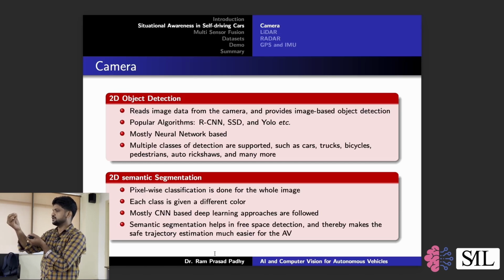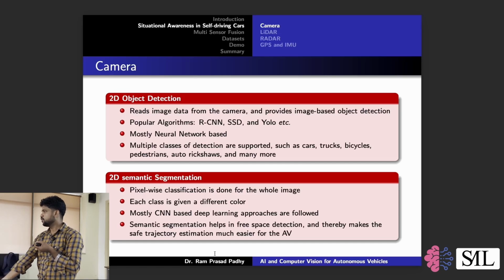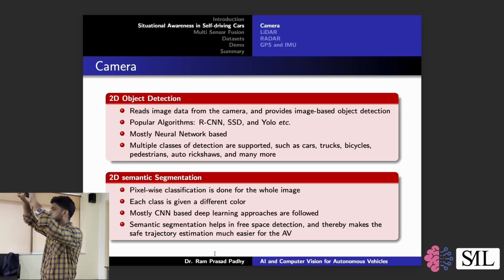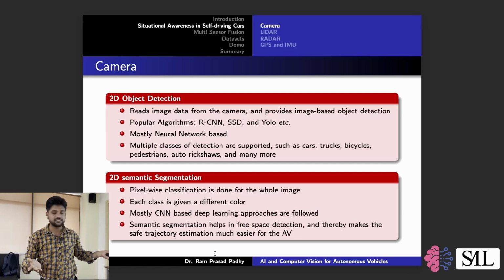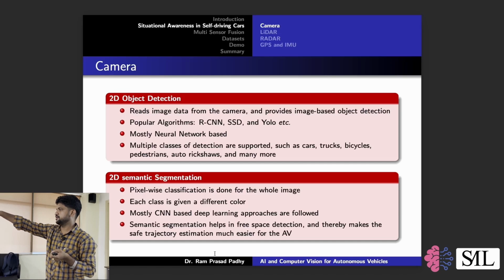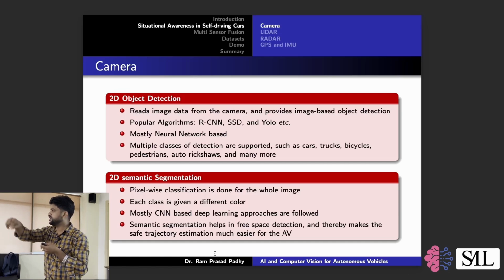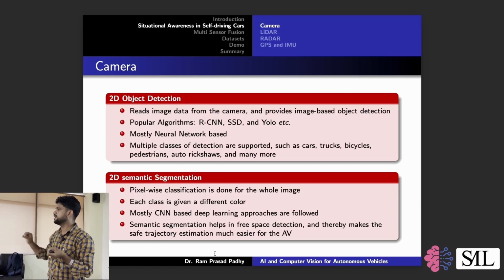Some pixels correspond to the car, some to the road, some to the sky, and every class is given a different color. How does that help? It helps in finding the free space. If you know the pixels where the road is, you can say this is the path that can be empty, and the vehicle can move in that path.